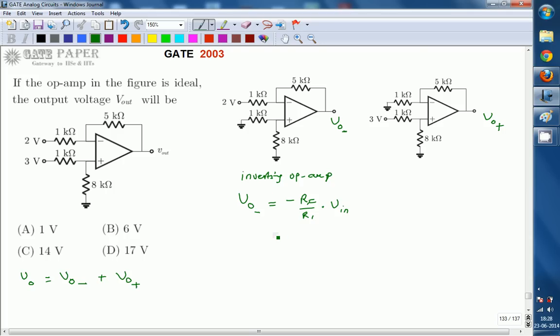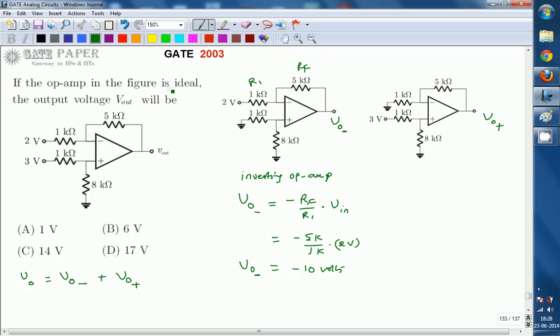V input is 2 volts in this case, RF is 5K and R1 is 1K. So 5K by 1K is 5, and 5 into 2 is 10, so you get minus 10 volts. This is V naught minus, the output response due to the voltage at the inverting terminal.